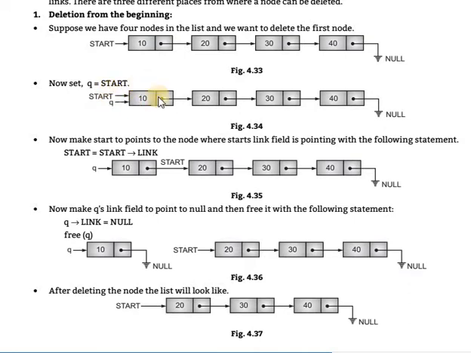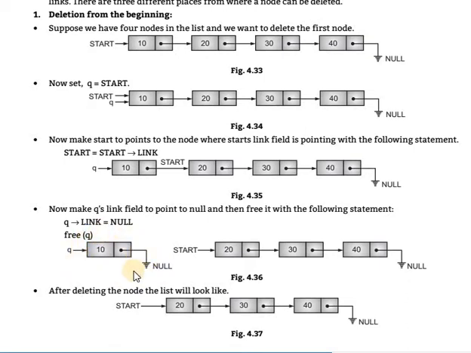When this statement runs, start will be incremented to the next node. The second element is assigned as start, then q, the first element, has its link assigned null.